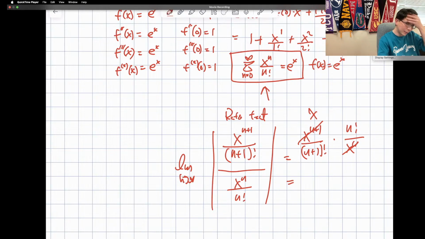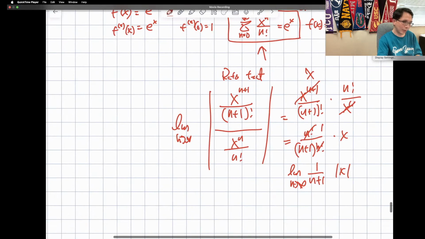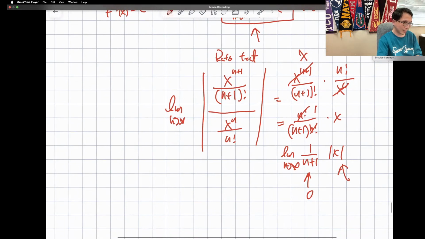And we know that n plus 1 factorial is n plus 1 times n factorial, cancel out, times x. So if we take the limit as n approaches infinity, 1 over n plus 1 times the absolute value of x is always going to go to 0. It doesn't matter what x is. So it'll be negative infinity to infinity. This is the same representation of e to the x.